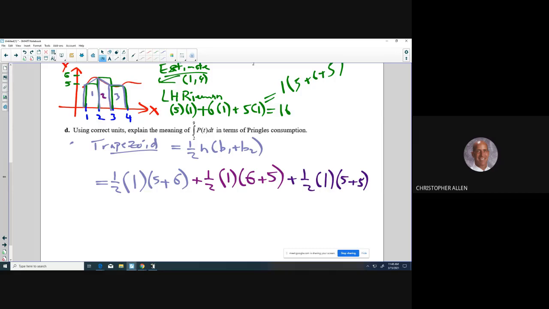Now, what do you notice that all three of those things have in common? Well, they all have 1/2 times 1, don't they? So I'm going to do a little bit of algebra here. So I could rewrite this as 1/2 times 1. And now here's what I would like you to notice. I didn't pick a great example here because I used 5 multiple times.